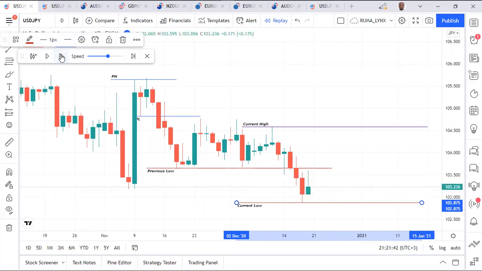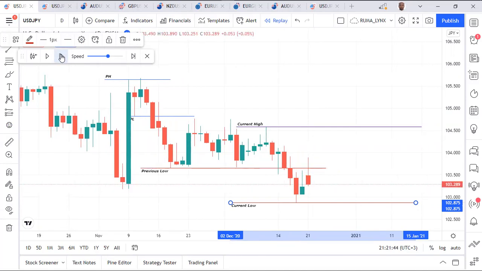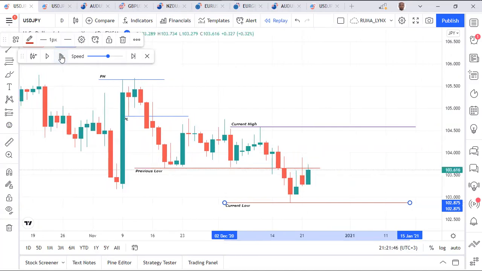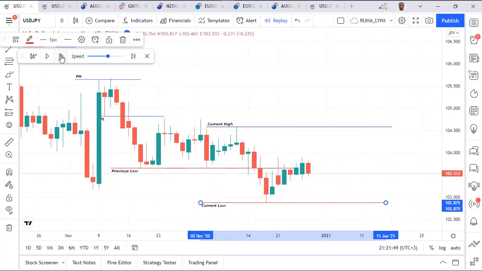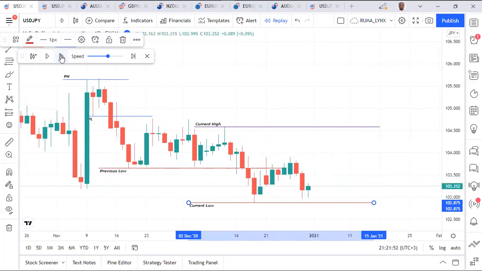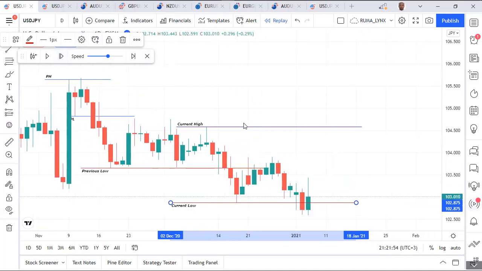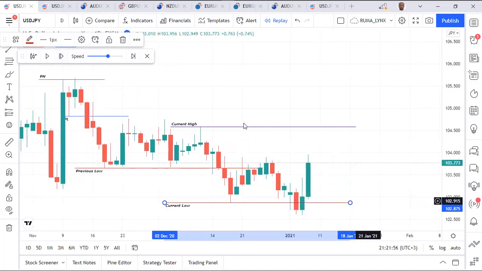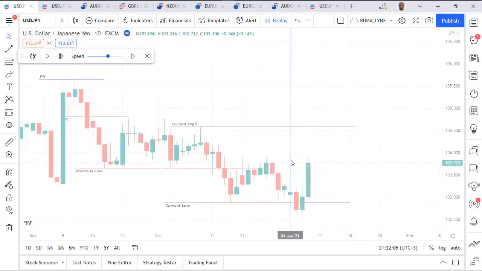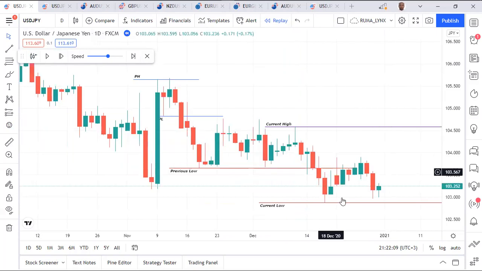So now counter trend. New low. Now, sorry, I want to pause here again. Let me just take it back to here. Yeah. So I want to show you what happens after this particular candle.